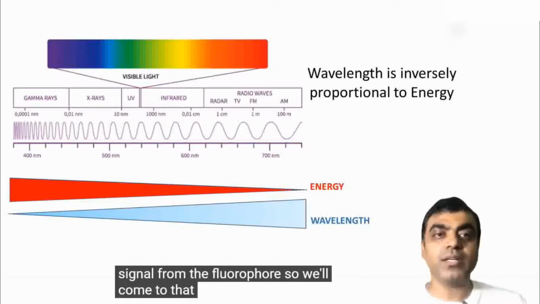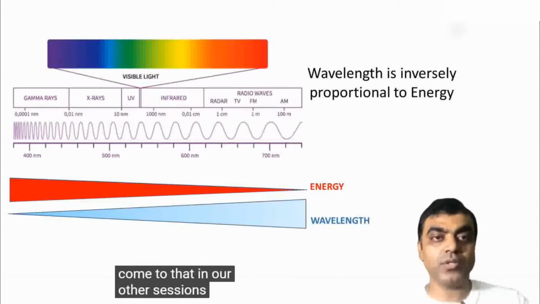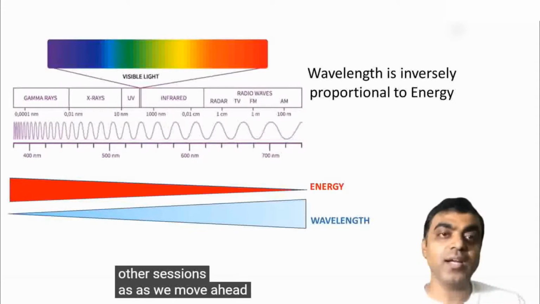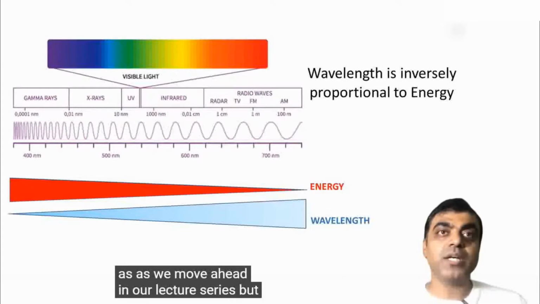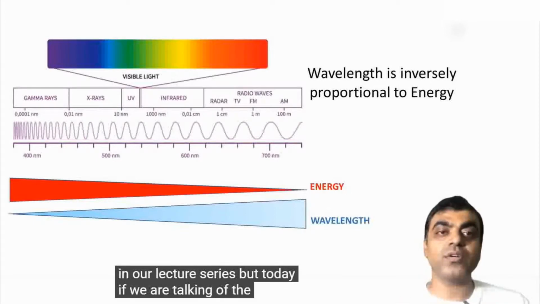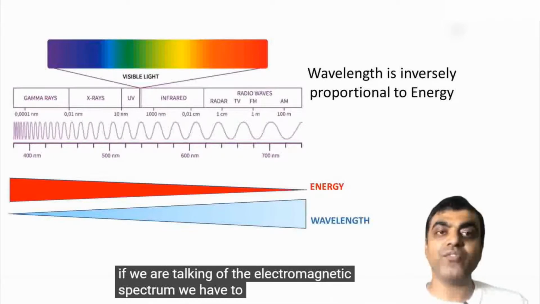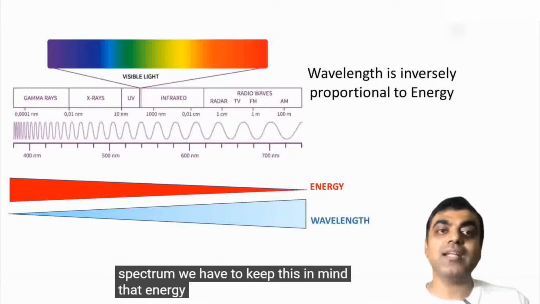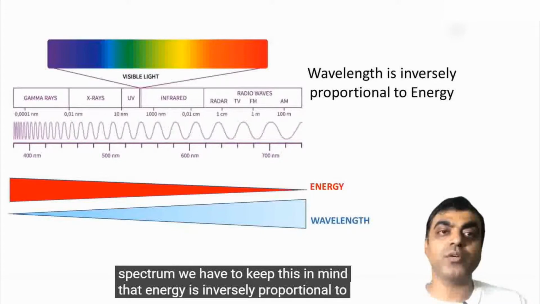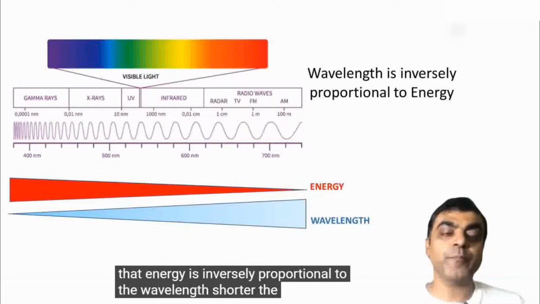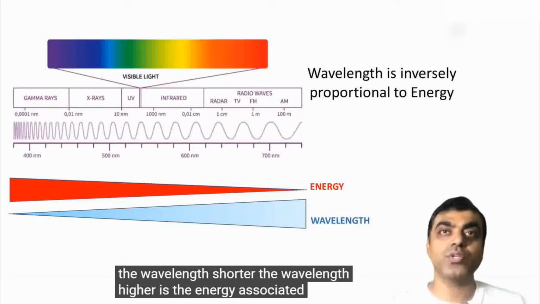We'll come to that in other sessions as we move ahead in our lecture series. But today, for the electromagnetic spectrum, we have to keep in mind that energy is inversely proportional to wavelength. The shorter the wavelength, the higher the energy associated with it.